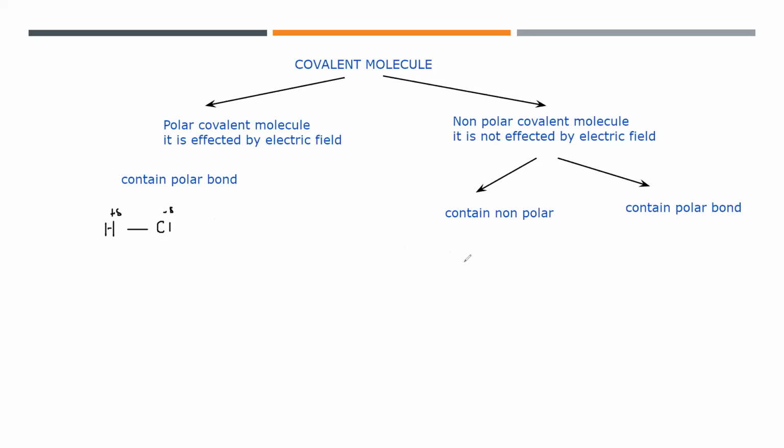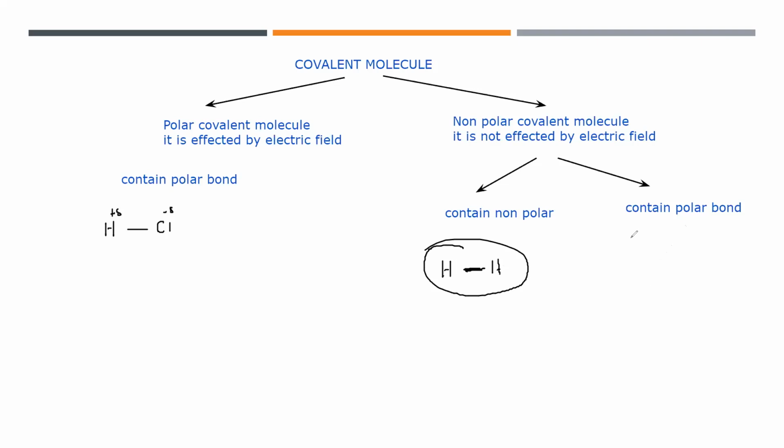But a non-polar molecule which contains a non-polar bond, for example hydrogen. What about the bond? The bond is non-polar. And what about the molecule? The molecule is also non-polar. But it may be a polar bond, and the molecule will be non-polar.